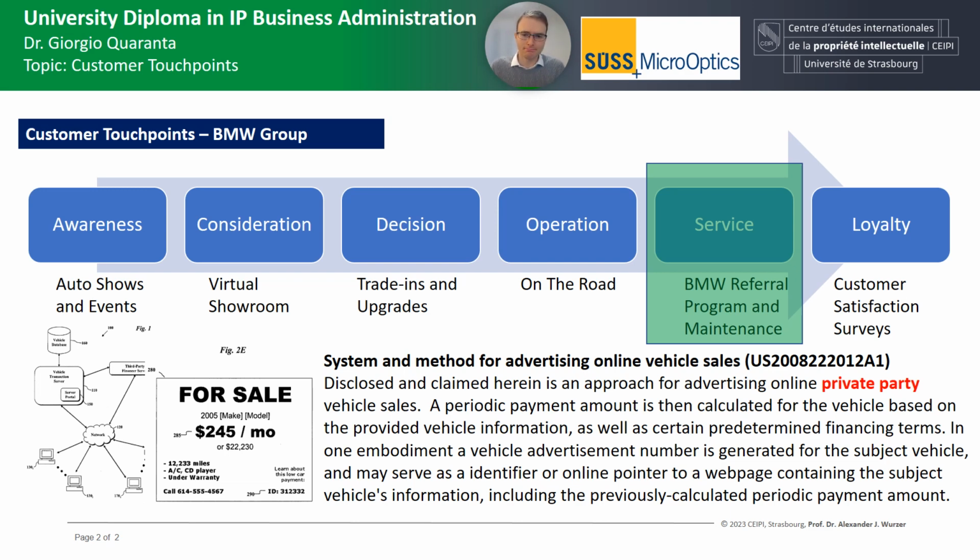They really thought that by improving the customer touchpoints also for those stakeholders, at the end of the day, no matter if the car is bought from a private seller or from BMW directly, BMW with this idea will increase customer satisfaction and customer loyalty, and at the end of the day the brand loyalty will be very high.